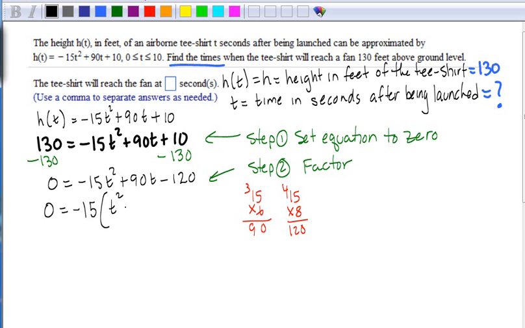This would be a negative 6t. Negative 15 into this one would be a plus 8. So now I factored out a negative 15 in all three of those. But I can continue factoring. The inside is a trinomial, and it can be factored into two binomials. So let's go ahead and do that.